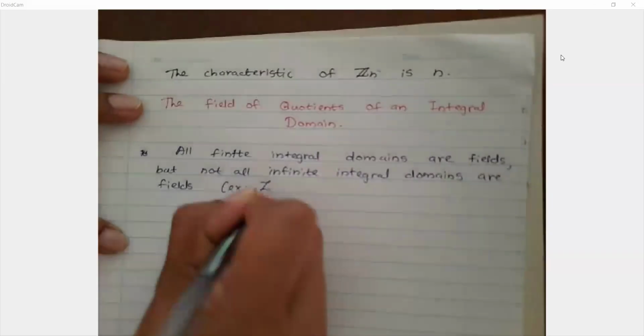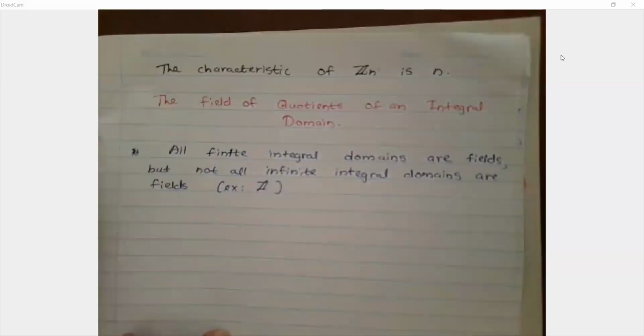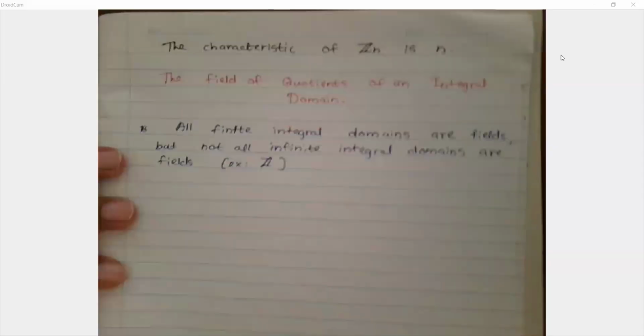Example, Z. It's a ring. It's not a field. It's an integral domain, not a field, right?